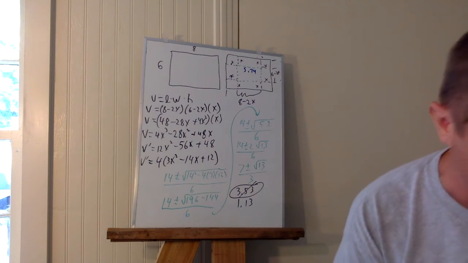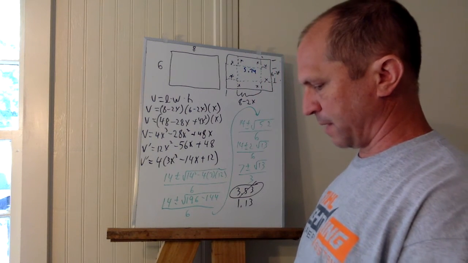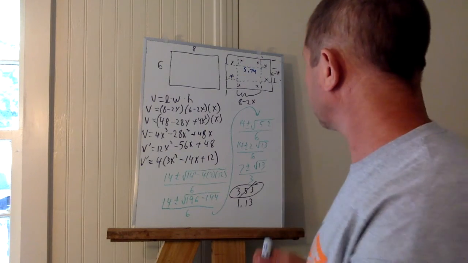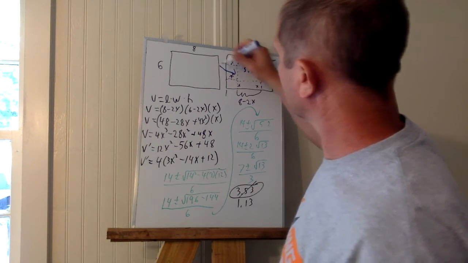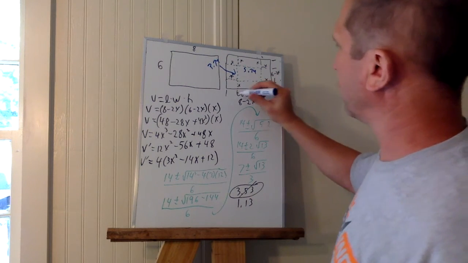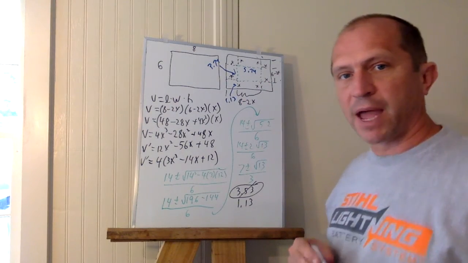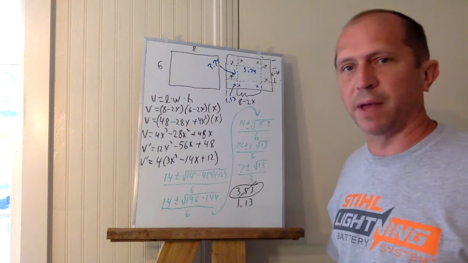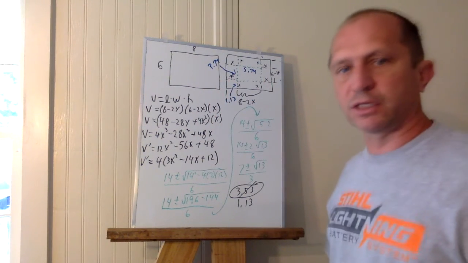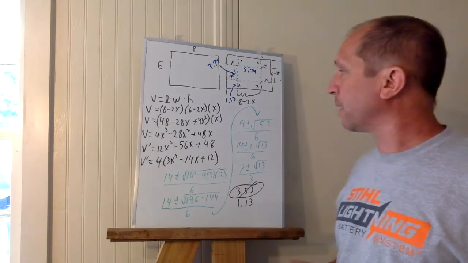And then 6 minus that same quantity is 3.74. And of course, x is 1.13. So those would be the dimensions that would give us the maximum volume. If it asks for the maximum volume, at this point you would just multiply those three numbers together to get your solution. So that is what we're looking at as far as solving this problem out.